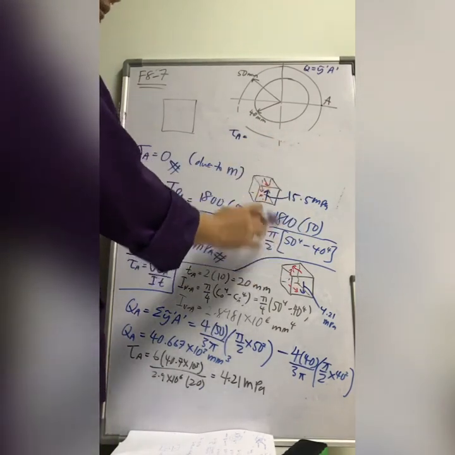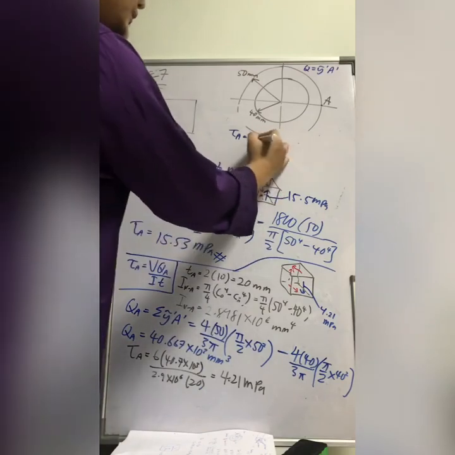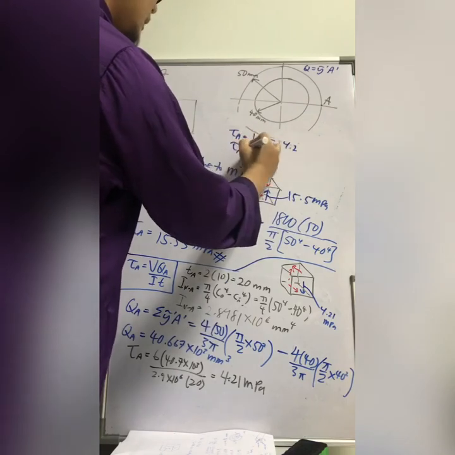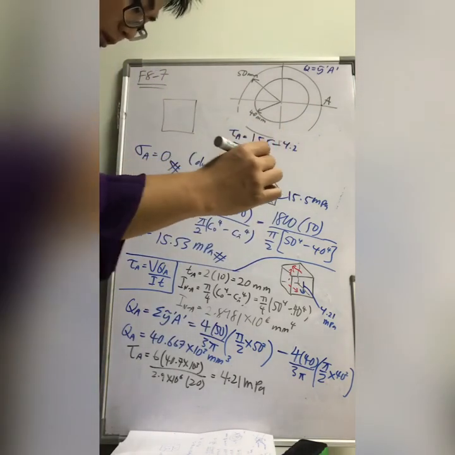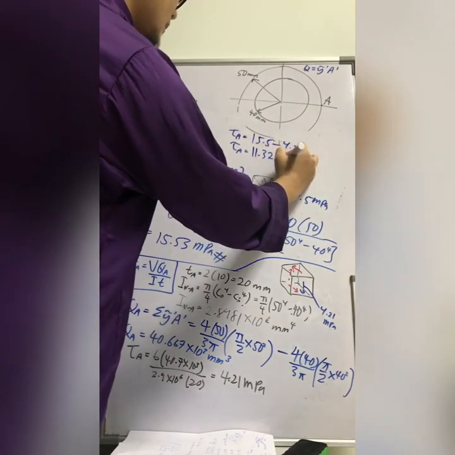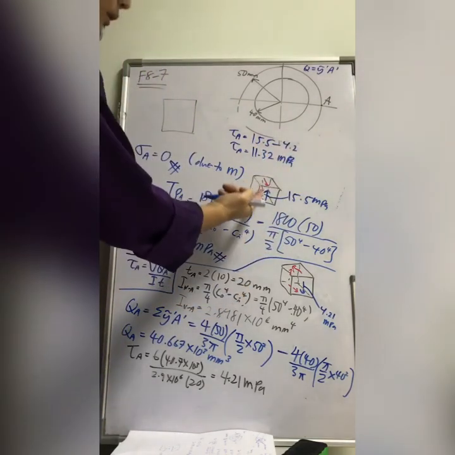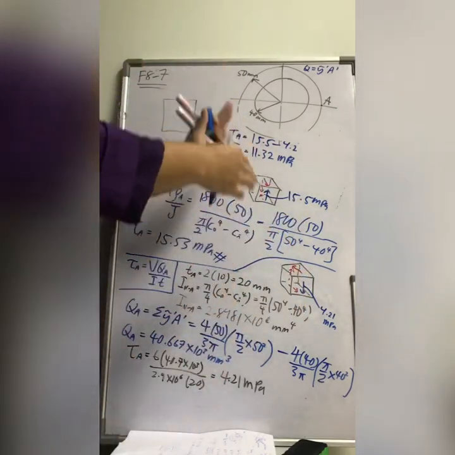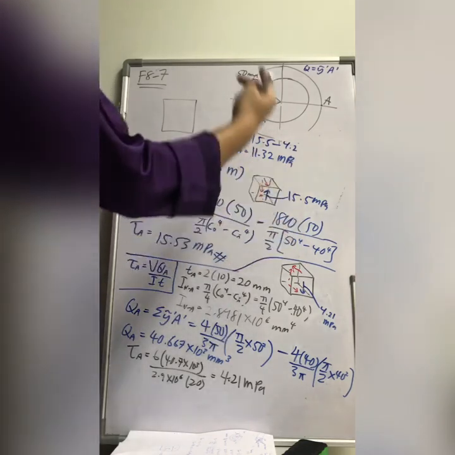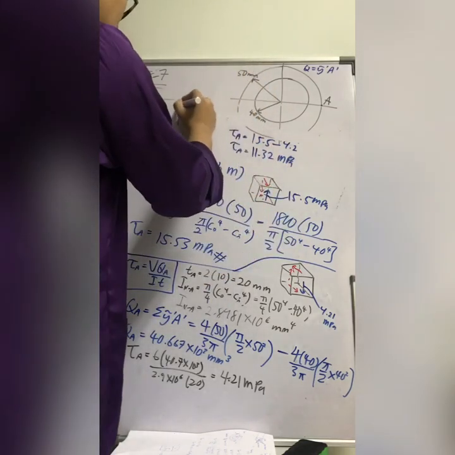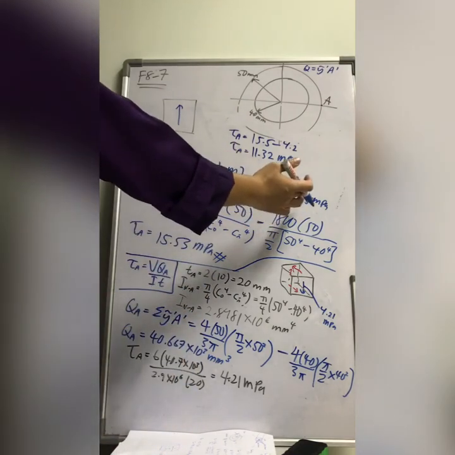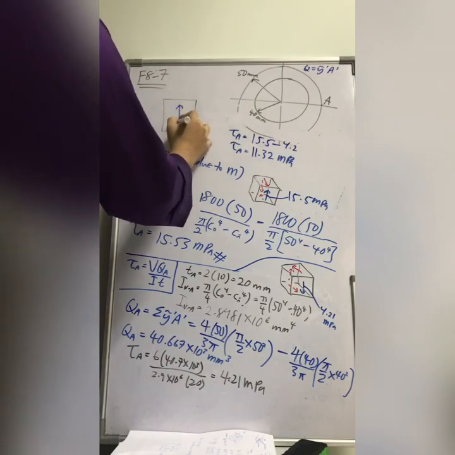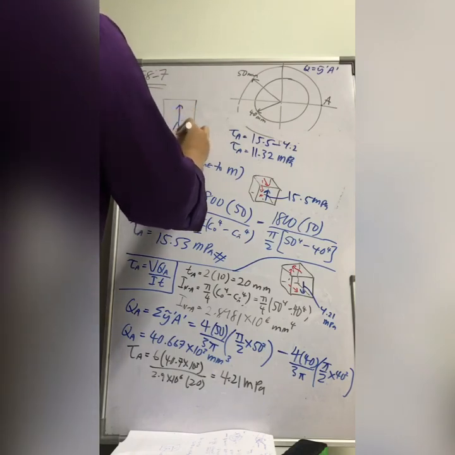You can sum them up, but the thing is that they have different directions. So it is 15.5 minus 4.2. So your tau A is how much? It is 11.32. Understand this? This one going up 15.5, this one going down 4.21 megapascal. Because directions are opposed, you need to subtract them, and of course it will go up. Because 15.5 is bigger, you subtract this, and then it will just have the resulting 11.32 megapascal.